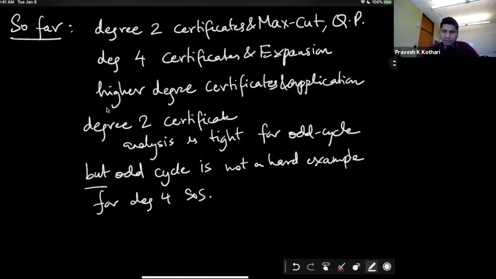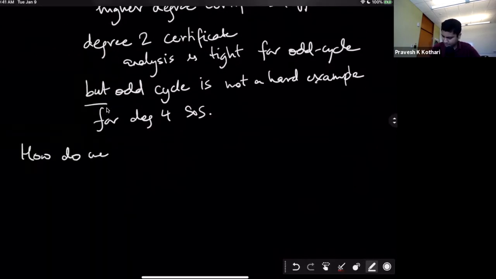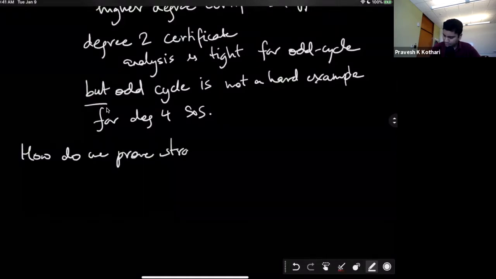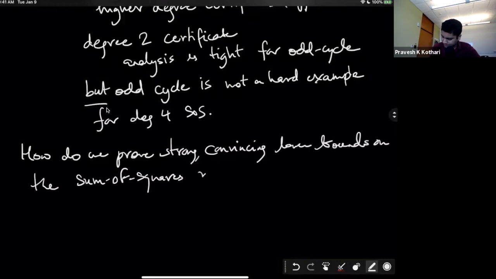So we will prove things which are extremely hard, maximally hard in a certain sense, at least within the sum of squares framework. So that's basically our goal today. So let's maybe summarize that goal as: how do we prove strong, convincing lower bounds on the sum of squares method? Good.